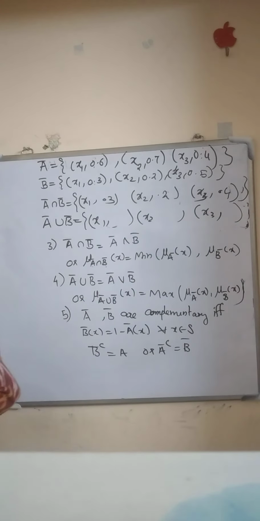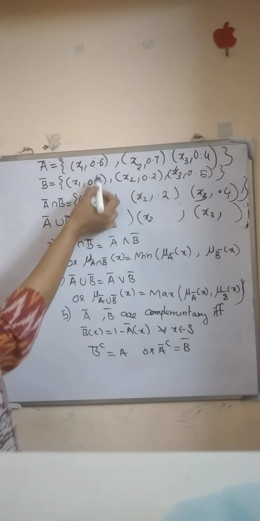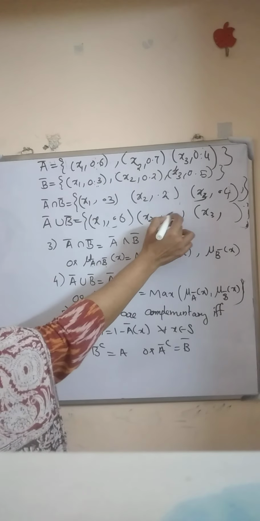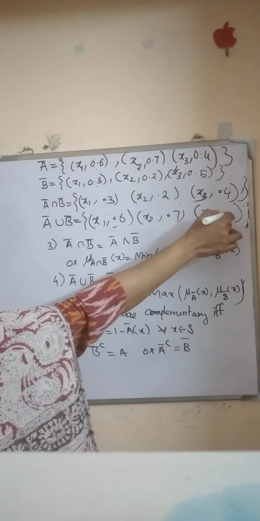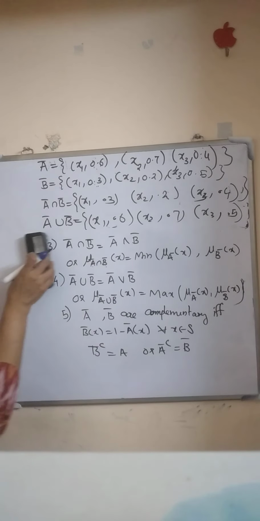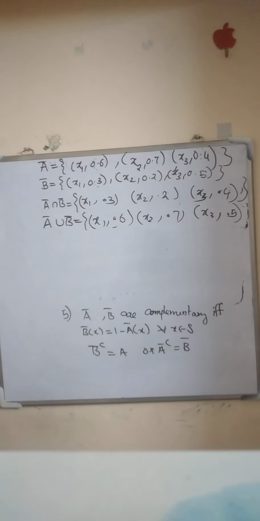Then the second coordinates can be found by the maximum of 0.6 and 0.3, which is 0.6, 0.7 and 0.2 is 0.7, and 0.4 and 0.5 is 0.5. So we get the union of the two fuzzy sets.